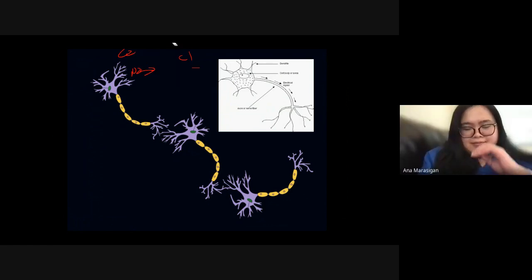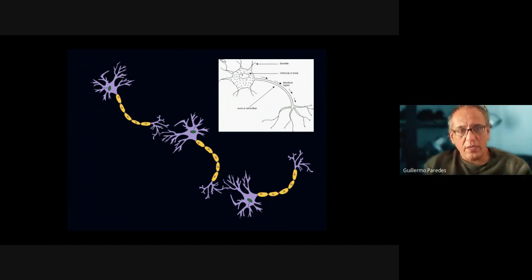Everybody knows that, right? Okay. So that's what I was explaining for a long time yesterday. So the sodium and potassium are going to be producing the action potential. What is the action potential? It is the electrical impulse. Electrical impulse. All right.